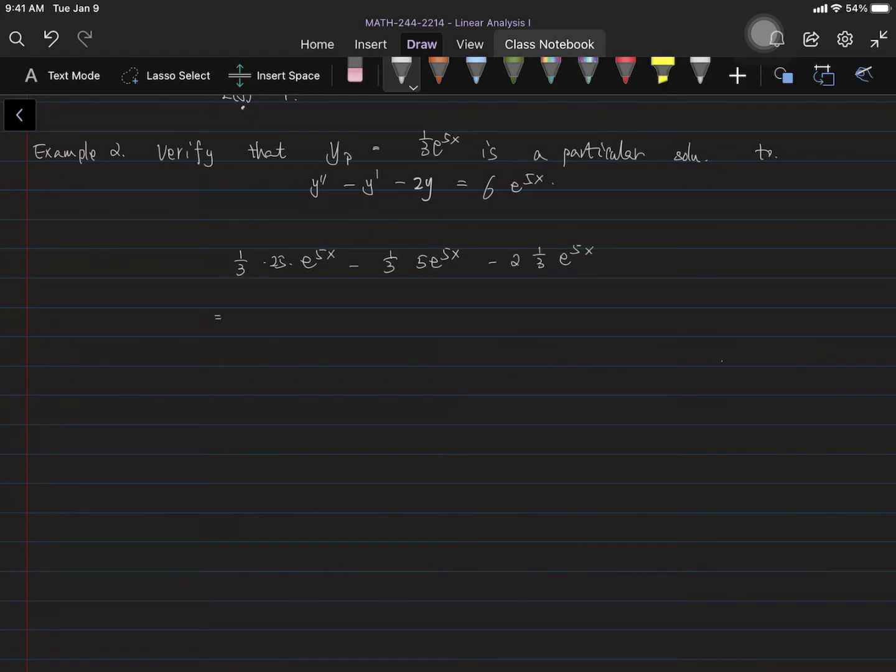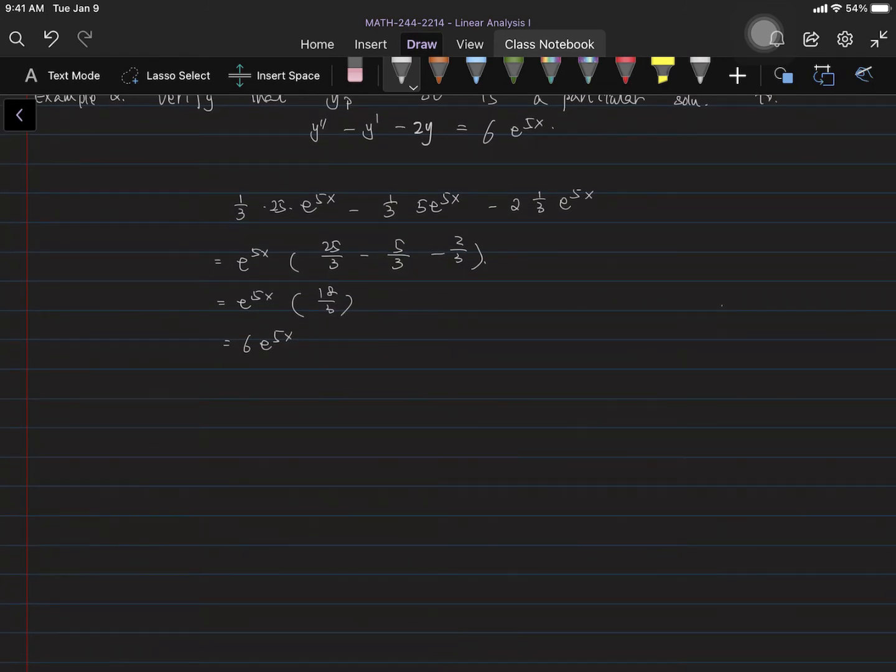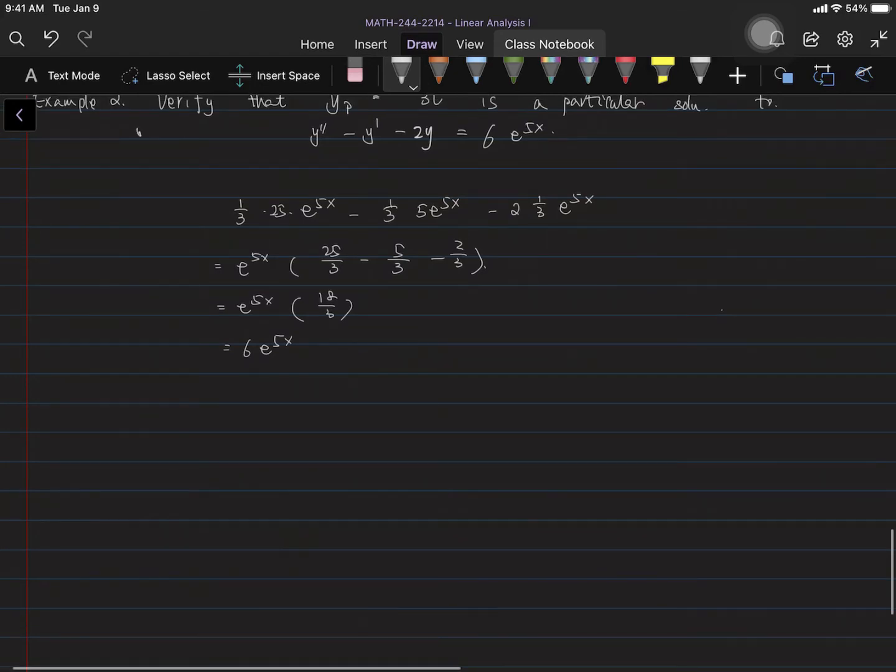Now simplify: we factor e to the 5x out and combine all the other numbers. Here is 25 minus 5, 20, 20 minus 2 should be 18. So this is 6 e to the 5x, exactly the same as the right side. So yp is a particular solution. This is the first question, verify it is a particular solution.